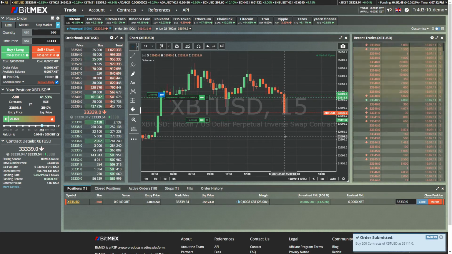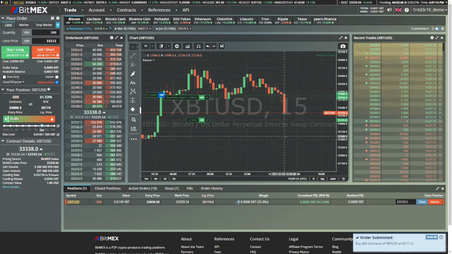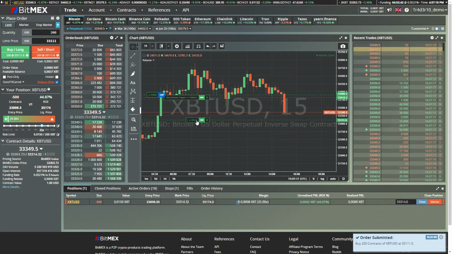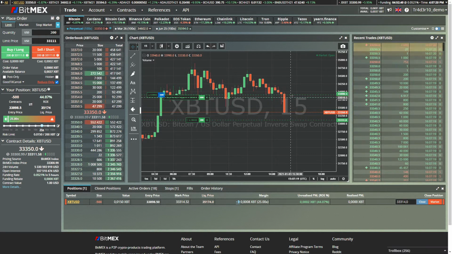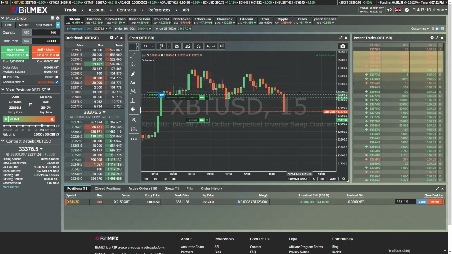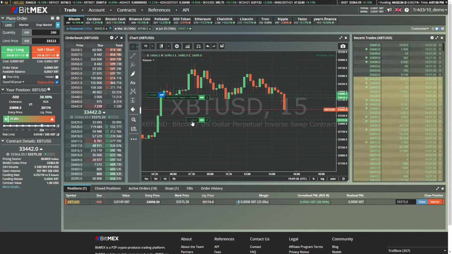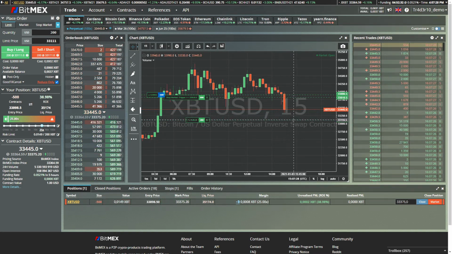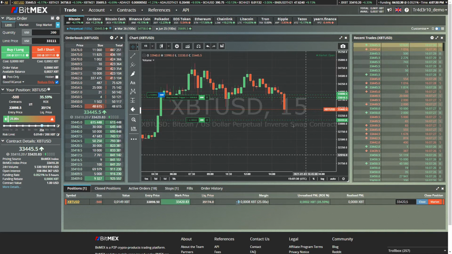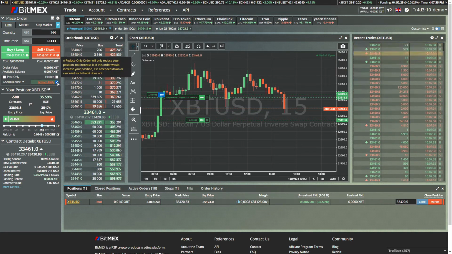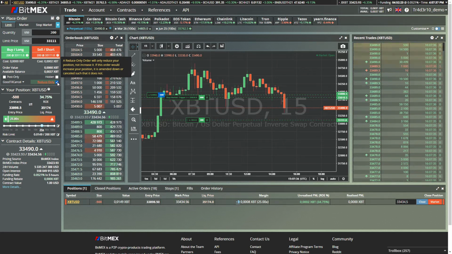The reason for you to do a reduce only order is that if you just place a buy order here and price first comes up and closes your position with the stop loss, then this order will still be here. And you can buy here without actually having a stop loss and you can get wrecked. So that's why it's important to do a reduce only order on profit targets.